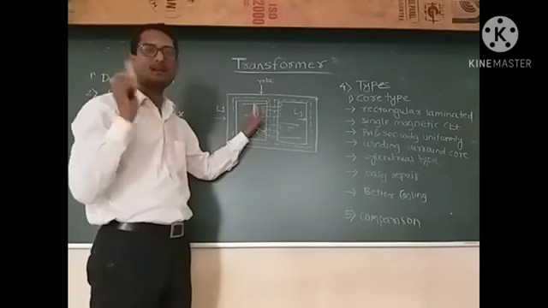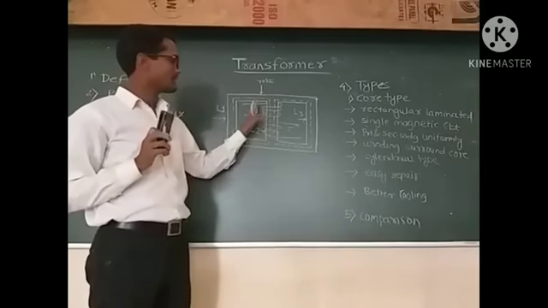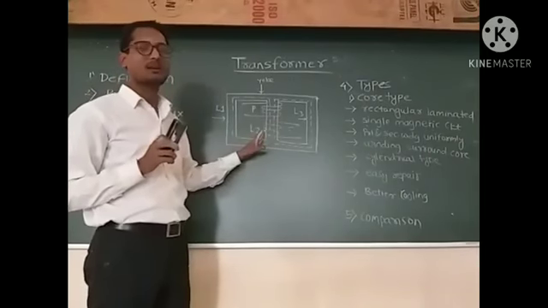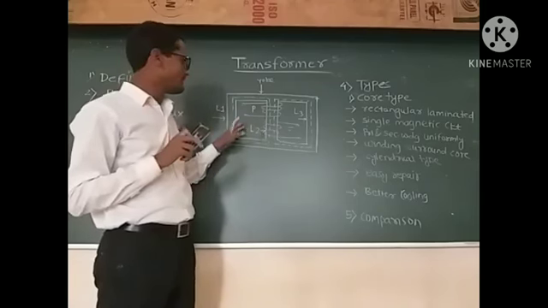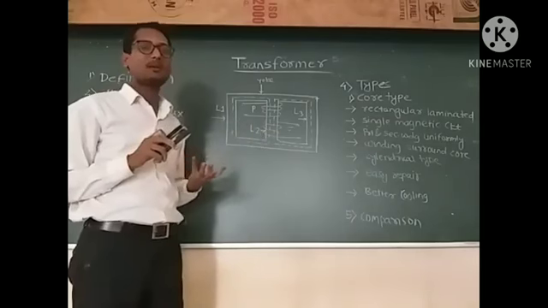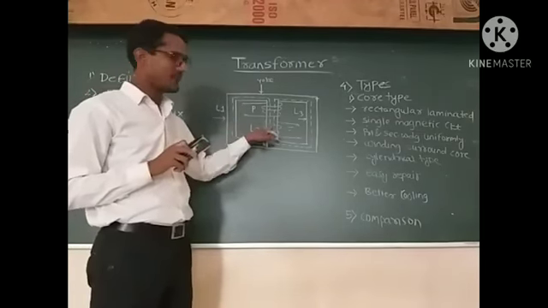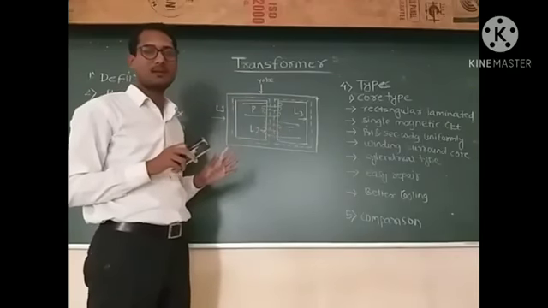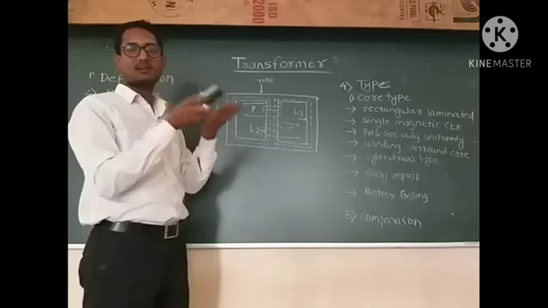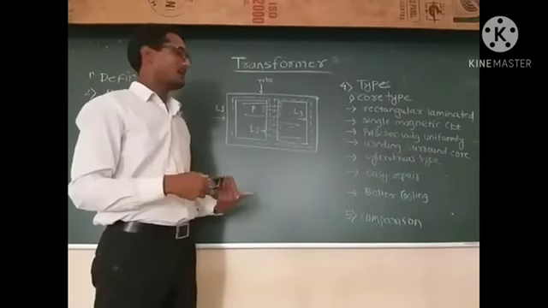In shell type of transformer, sandwich type of winding is used. In core type of transformer, winding encircles the core, but in shell type of transformer, core encircles the winding.